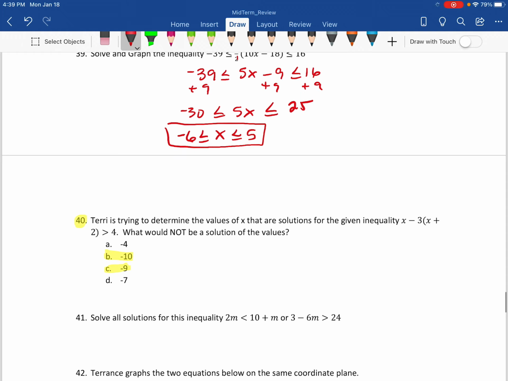And just as a reminder in terms of graphing, if I have negative 6 over here, I have 0 over here, and positive 5 over here, okay? Be very careful, think about your graph.